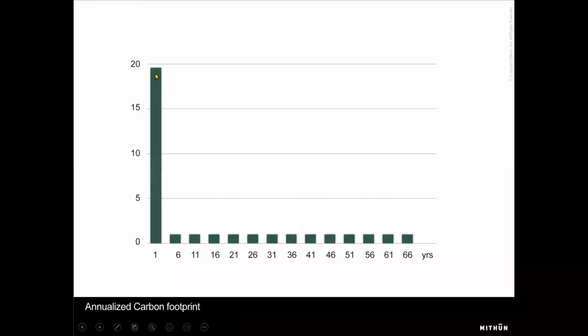So especially as we have a time constraint to reducing carbon in buildings overall, the more we build, the worse it gets at the beginning time period.